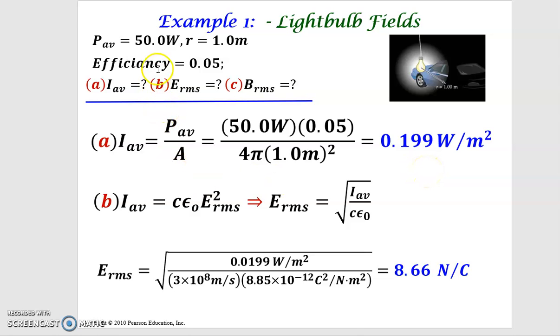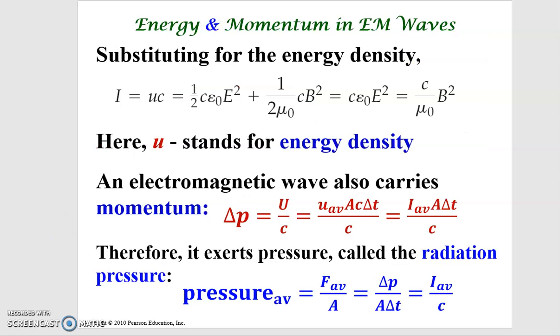And problem 2 wants you to solve for the root mean square of the electric field. We also learned that the average intensity can be expressed in terms of C multiplied by epsilon naught multiplied by the root mean square of the electric field squared. In case you forgot that, let's go back and refresh the memory.